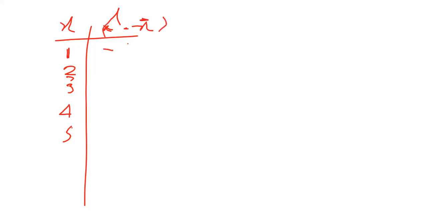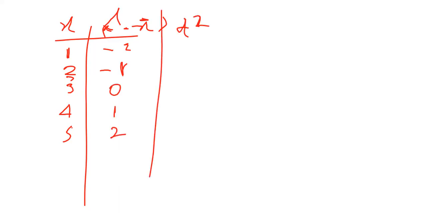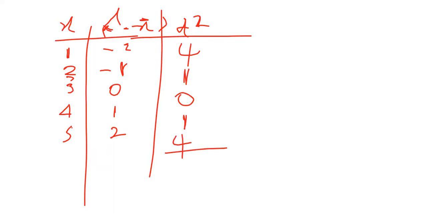This is minus 2, minus 1, 0, 1, and then 2. Then we'll look for the square. This is 4, this is 1, this is 0, this is 1, this is 4. We add everything together, and that is 10.